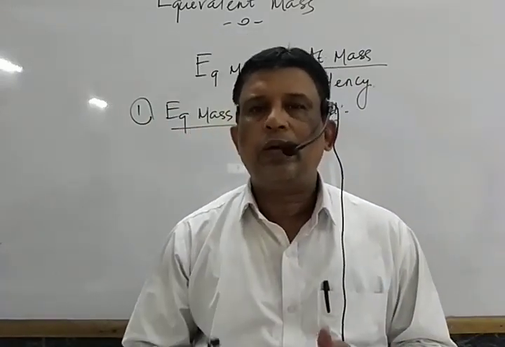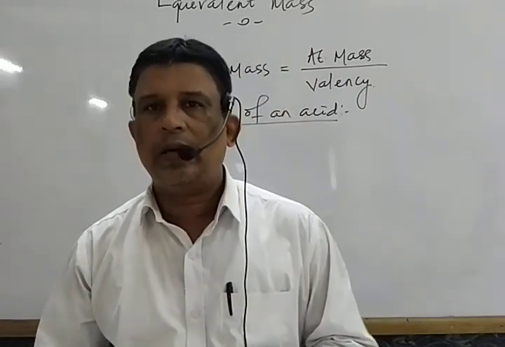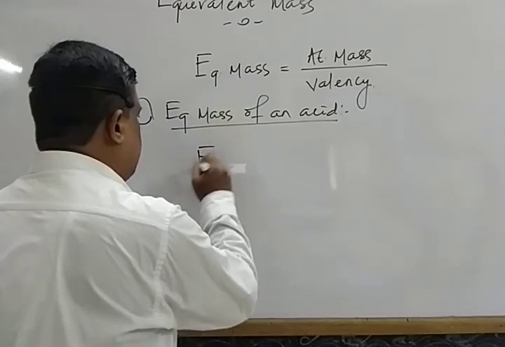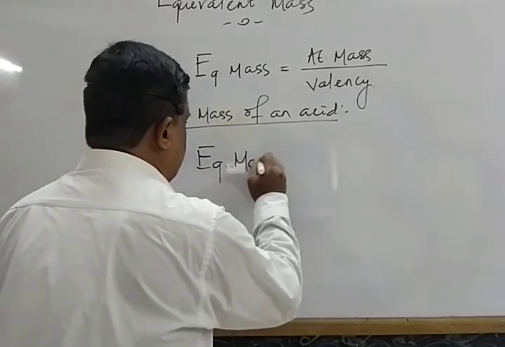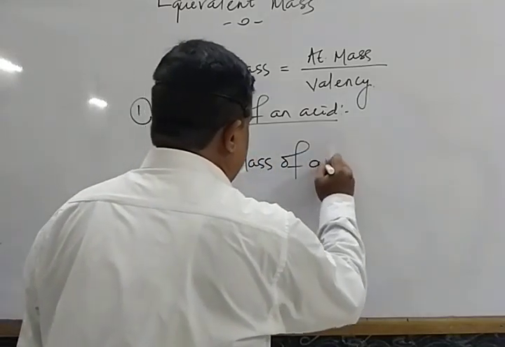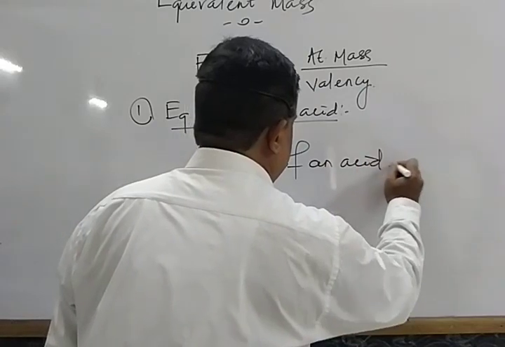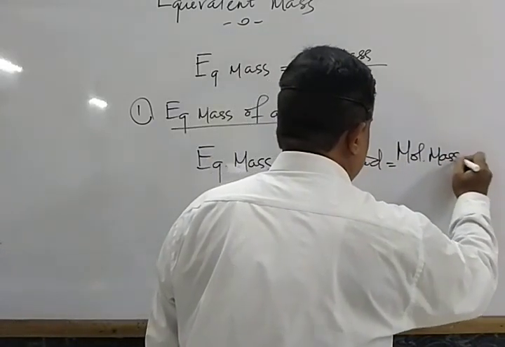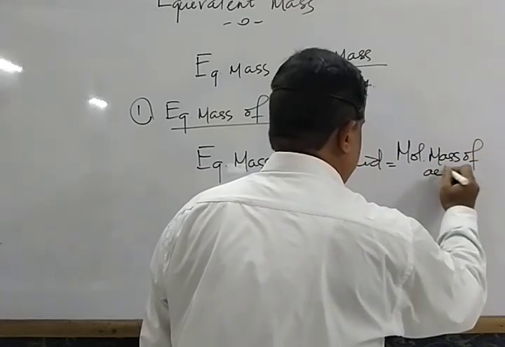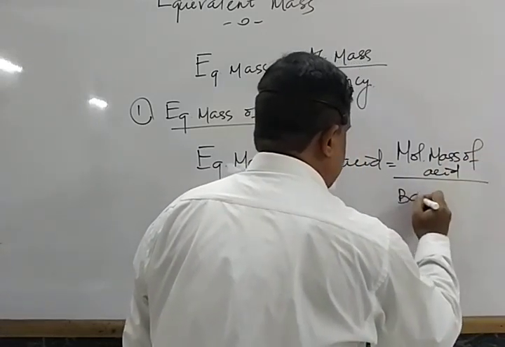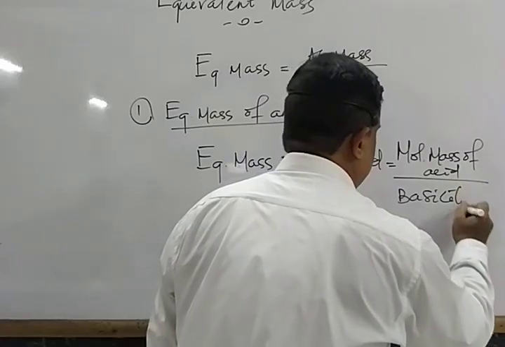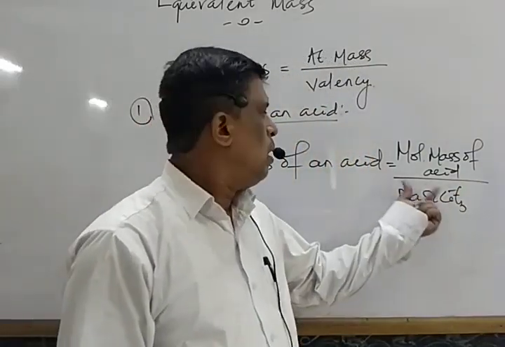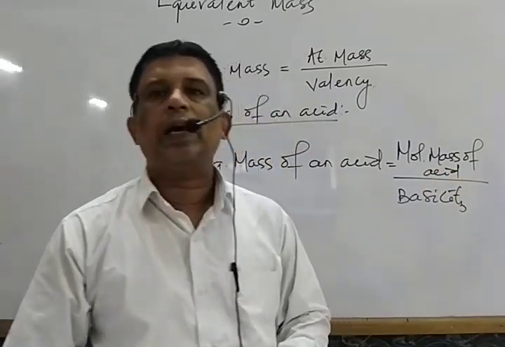HNO3 breaks down to H plus plus NO3 minus. So equivalent mass of an acid is equal to molecular mass of acid divided by its basicity.